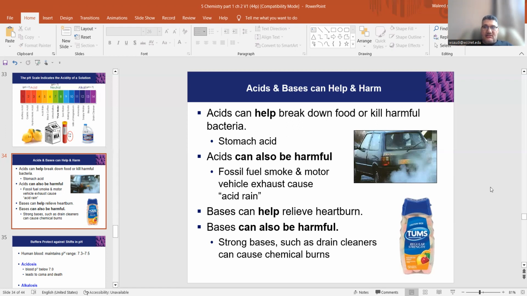It contains base. If you feel heartburn or something, and you get a couple of those, Tums or Rolaids, you feel better. So is it serving a purpose? Yes. Your acidity is going up, and that hurts. So if you take the Tums for that purpose, it's good.